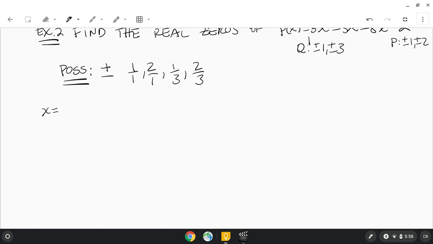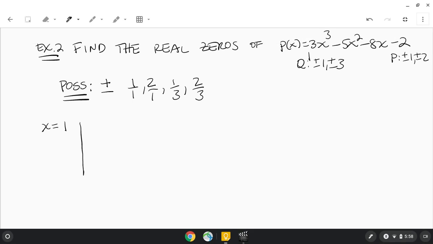x equals 1. I like to try 1 first. All right, what's my polynomial? 3, -5, -8, and -2.